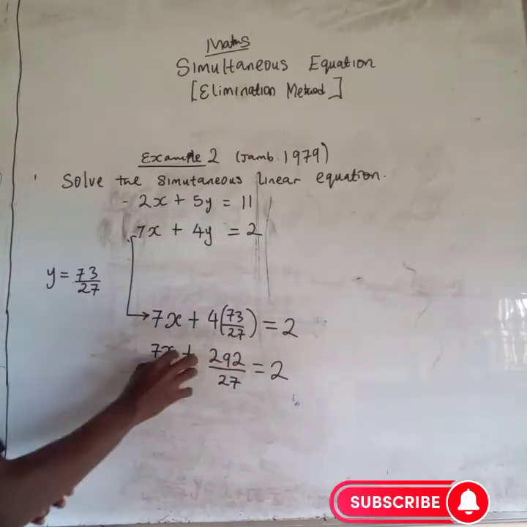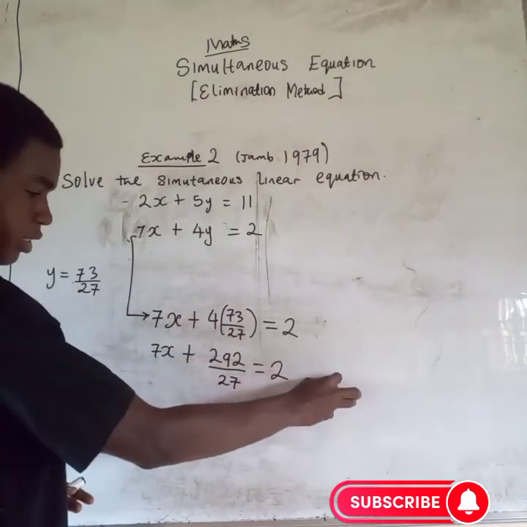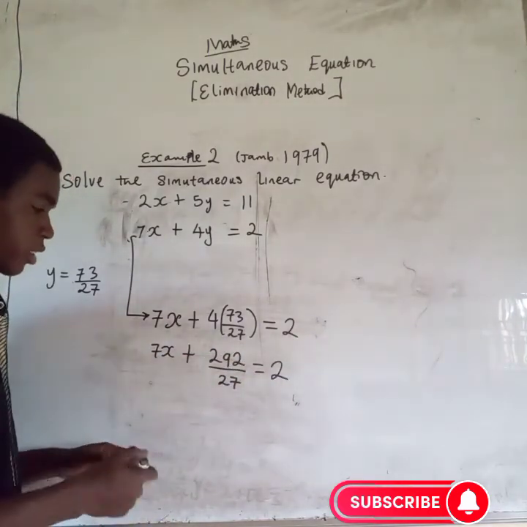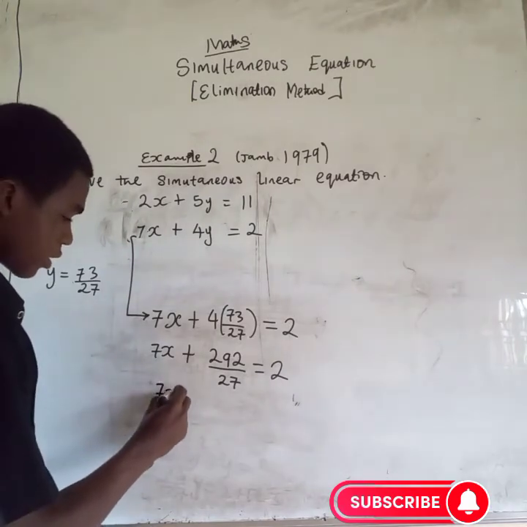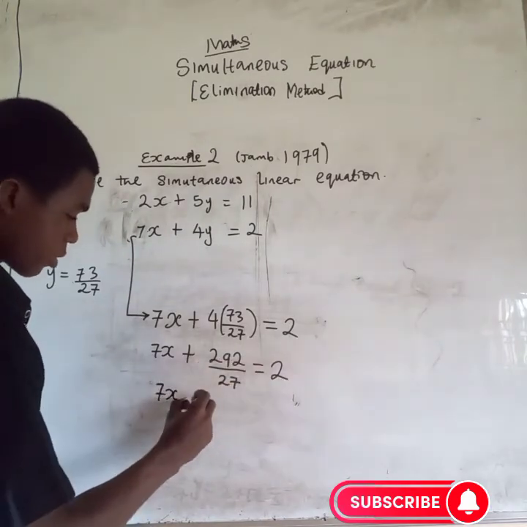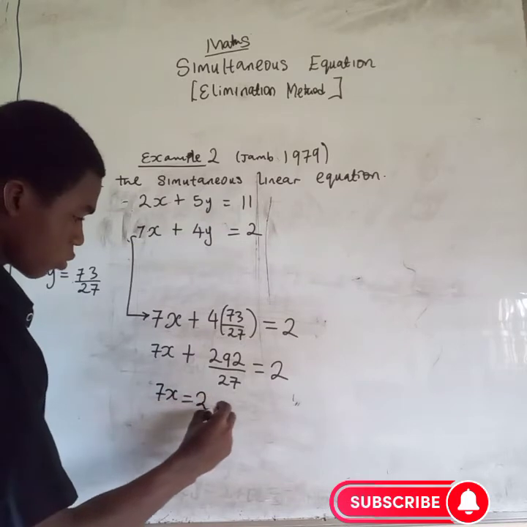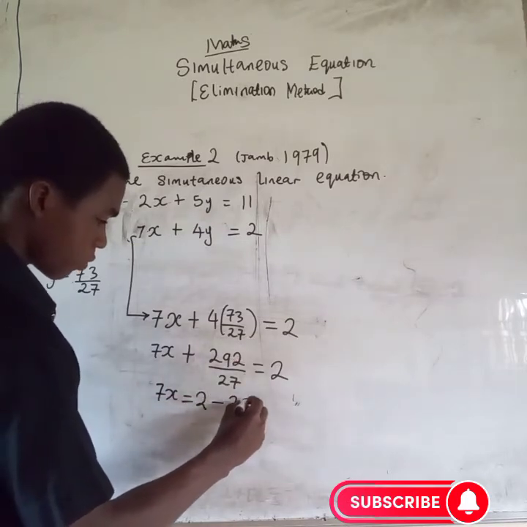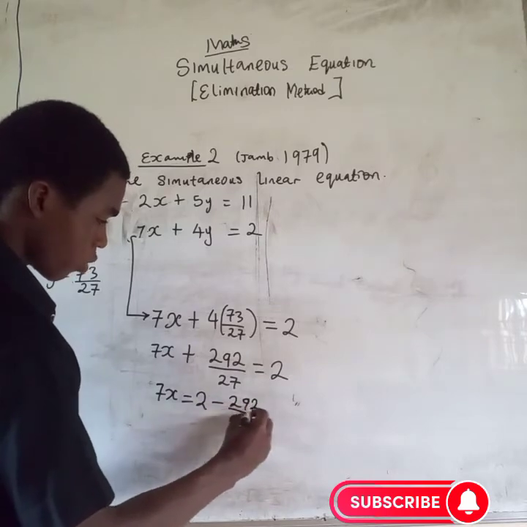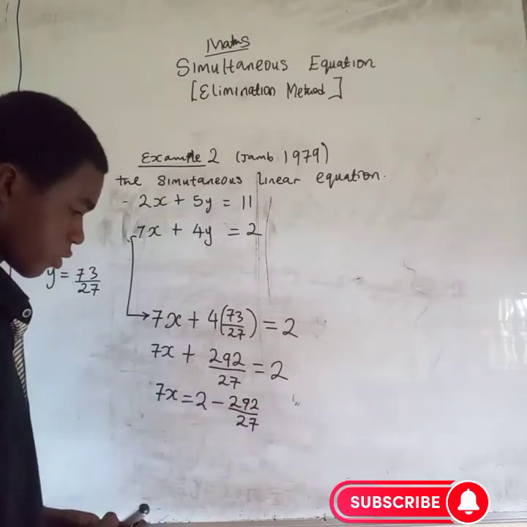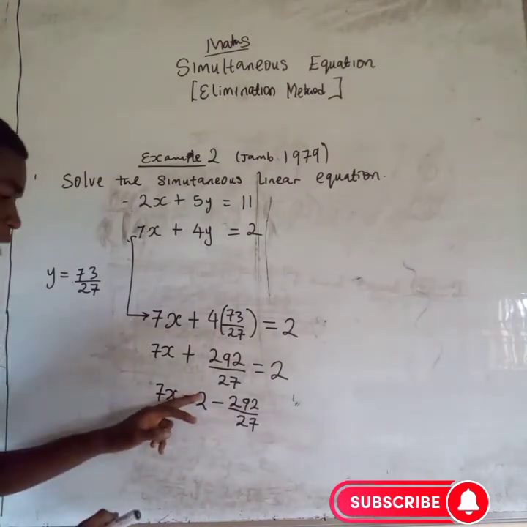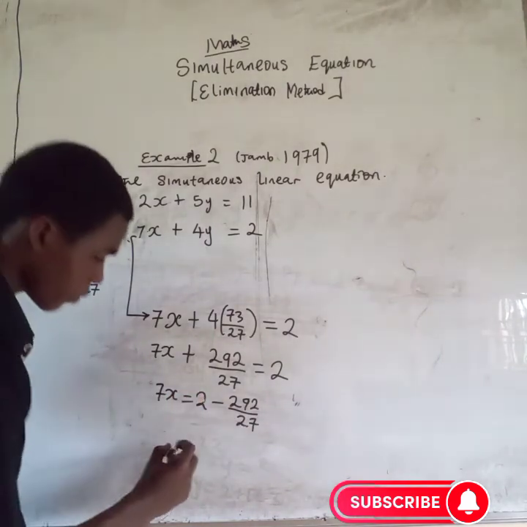So we take this to the other side. Right? It's the method of solving linear equation. This is very easy. So this becomes 7x. When this crosses to the other side, it becomes equal to 2 minus 292 all over 27. Right? Now, 27 times 2 is what? 54.